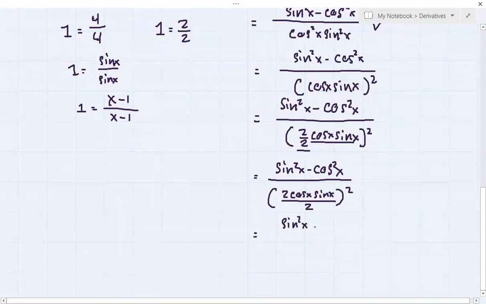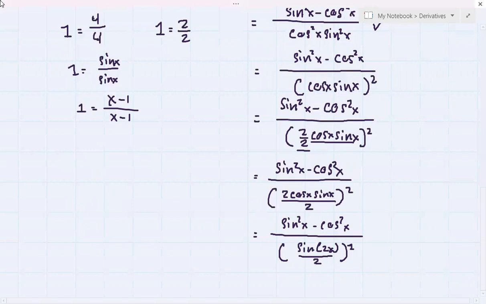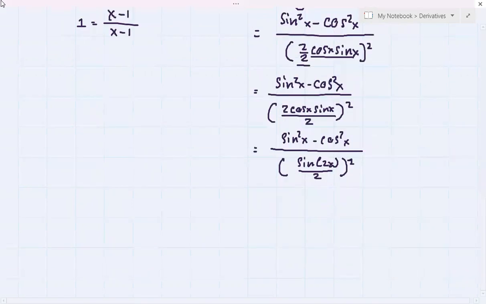Pwede na yan. So, therefore, we will have, teka lang nga, isulat ko lang muna to. So, therefore, we will have sine of 2x all over 2. Okay? Pwede na to. Okay? Ngayon, pwede mo nang i-substitute itong naka-square.